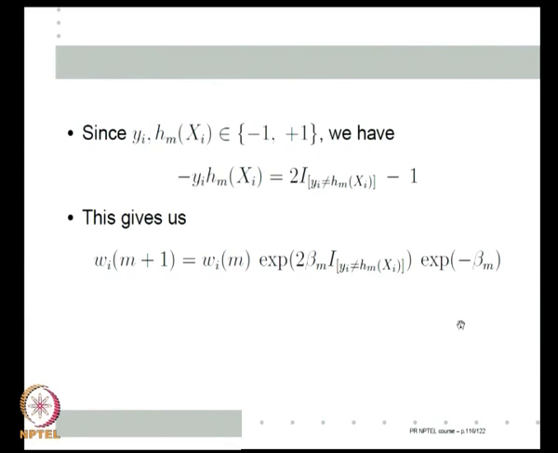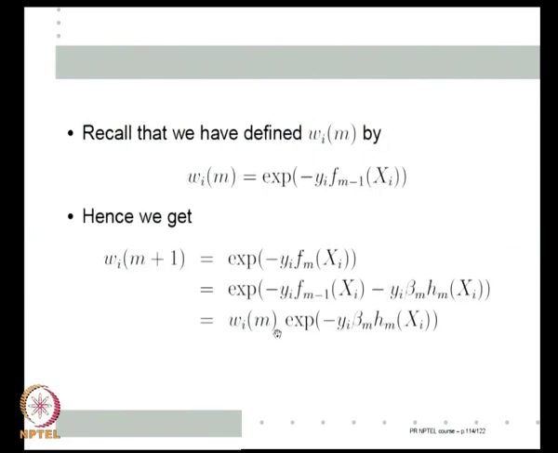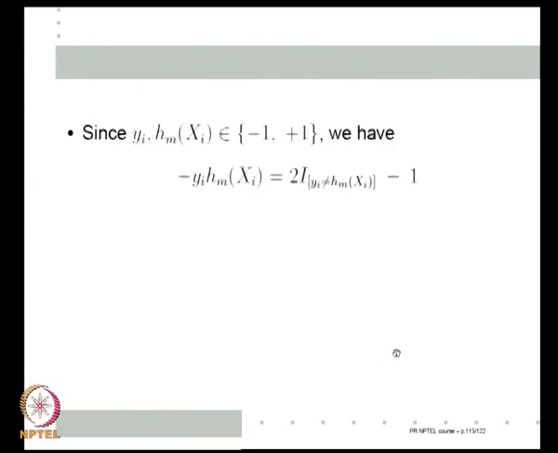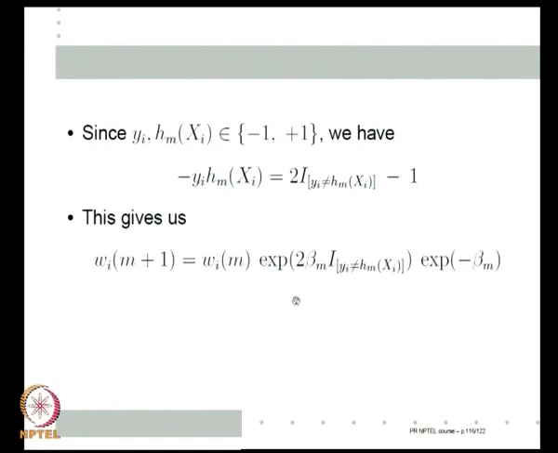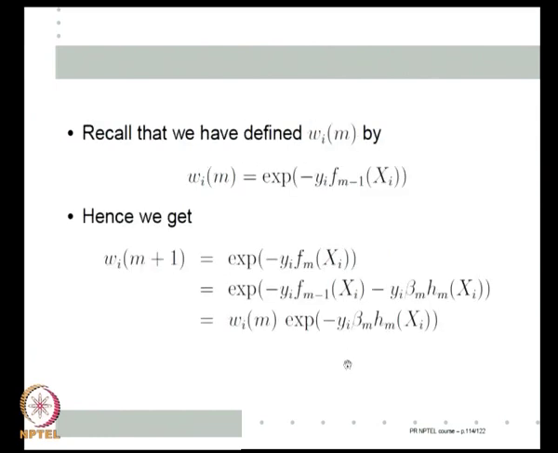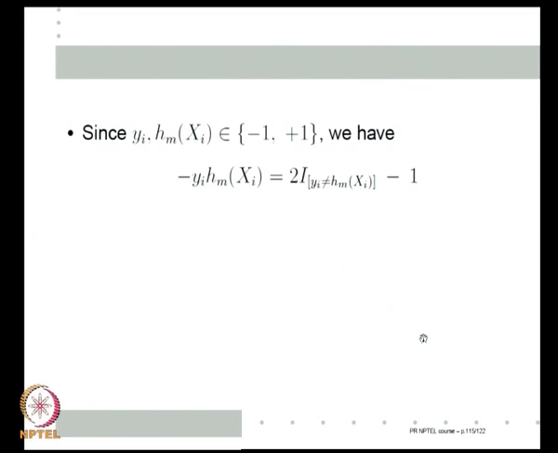So, that gives me Wi m plus 1 is Wi m into exponential, what do I have? yi hm xi is 2 into indicator minus 1. So, 2 beta m indicator yi not equal to hm xi, and beta m is already there, yi hm xi into beta m, that is where the beta m comes from.